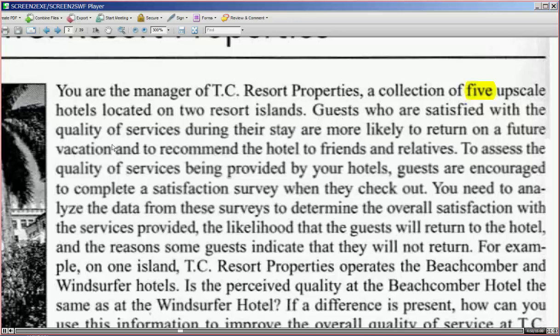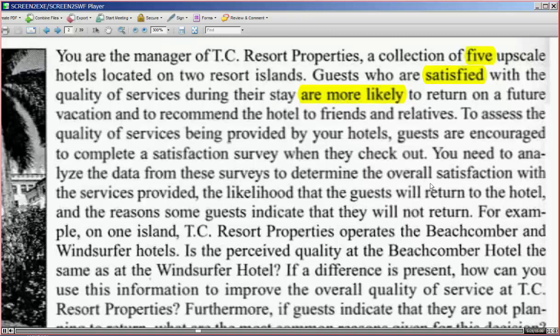Guests who are satisfied with the quality of services during their stay are more likely to return on a future vacation and to recommend the hotel to friends and relatives. To assess the quality of services being provided by your hotels, guests are encouraged to complete the satisfaction survey when they check out.